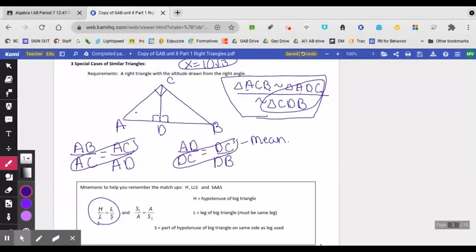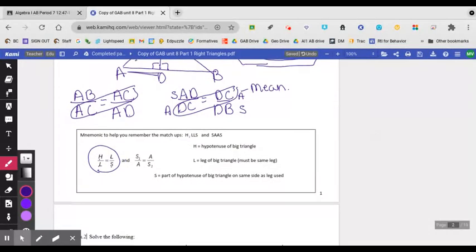That is the segment part of the hypotenuse is to the altitude as the altitude is to the other segment. So hills and SAS are important things to remember for these special right triangles.